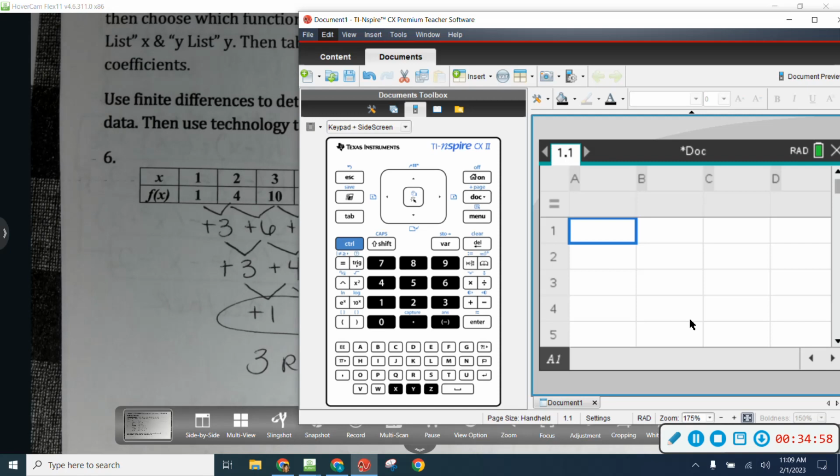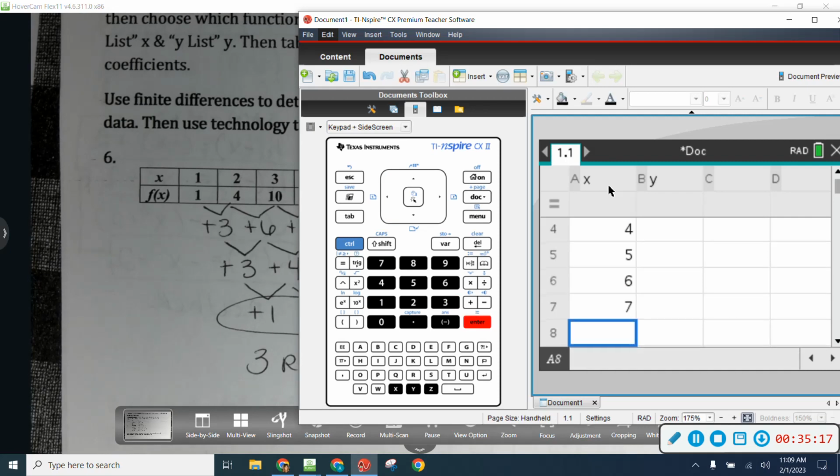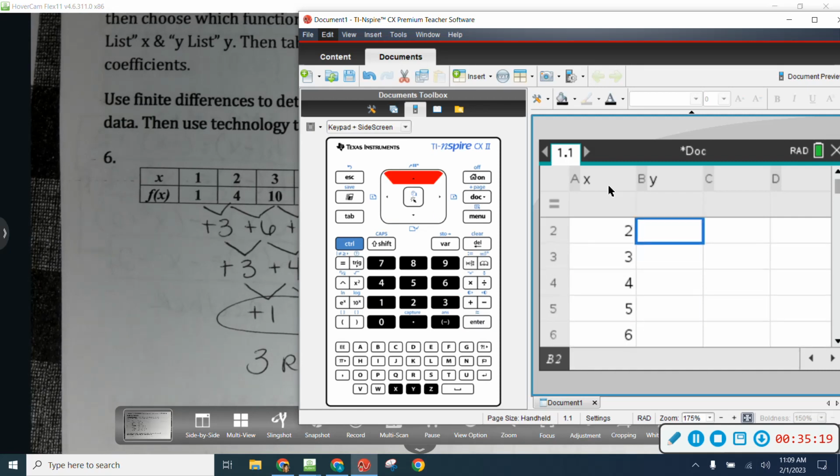Before you do anything, you got to go up to that A, and you put X. X, enter. And then you make your B column Y. Then for your x column, you do your x's. 1, 2, 3, 4, 5, 6, 7. Then put your y's.